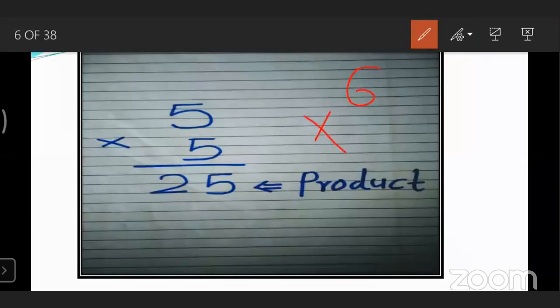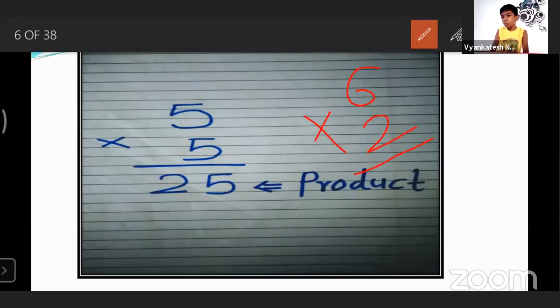Multiplication sign. Now the second number is 2. So 6 multiplied by 2. Can you tell me the product of 6 multiplied by 2? What will be the product? 12. Very good, student. 6 multiplied by 2 is equal to 12. So the product is 12.